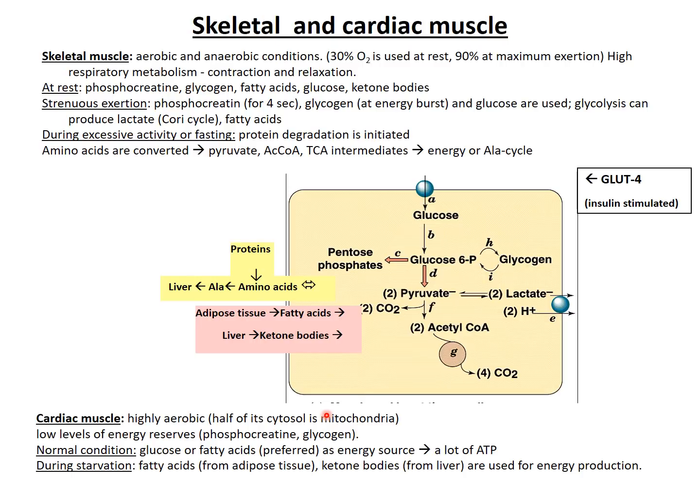So full oxidation of glucose and happily used fatty acids. Under normal conditions, glucose and fatty acids are used, and lots of ATP is produced for function. During starvation, glucose is not taken up anymore, but fatty acids coming from adipose tissue and ketone bodies coming from the liver are used for energy.